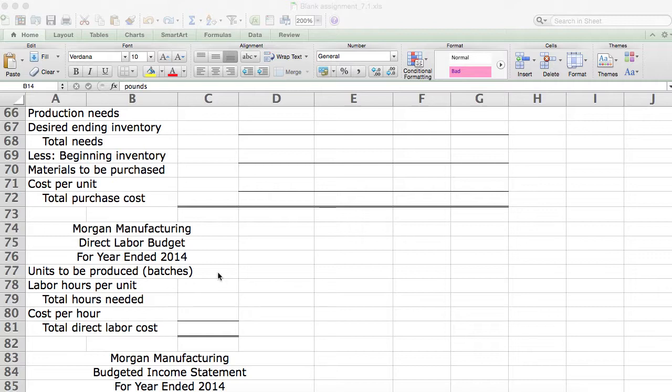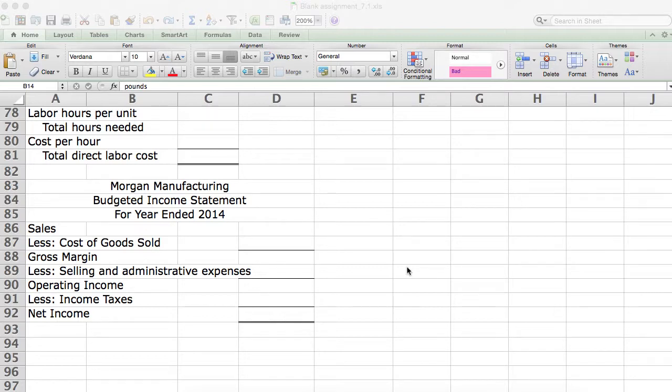So we want to know, based on the total number of batches that need to be produced, what does that translate to in terms of hours? That gives us our total hours needed. The cost per hour is provided above. You'll multiply the cost per hour times the total hours needed, and that'll give you your total direct labor cost.